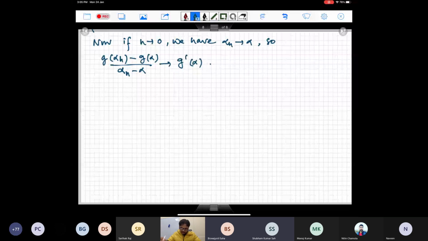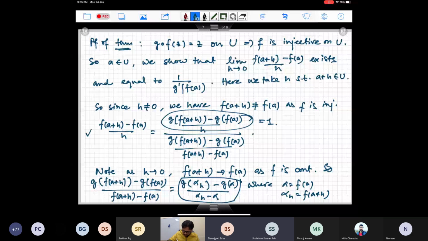Now what is my alpha? My alpha is f of a, so this is g prime of f of a. Very good. So therefore this was my thing which I had to estimate. The numerator is equal to 1 anyway, and the denominator goes to g prime of f of a as h tends to 0.